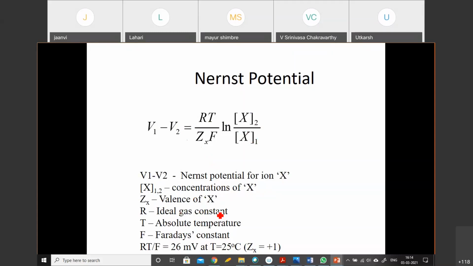F is Faraday's constant. So if you evaluate this quantity RT by ZxF at room temperature, and for Zx equal to 1, this quantity evaluates to about 26 millivolts. So that will simplify your calculations.